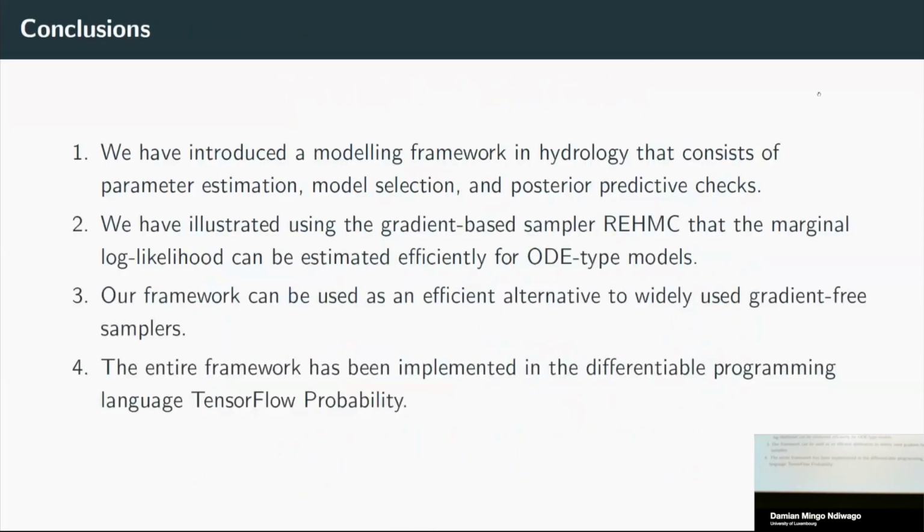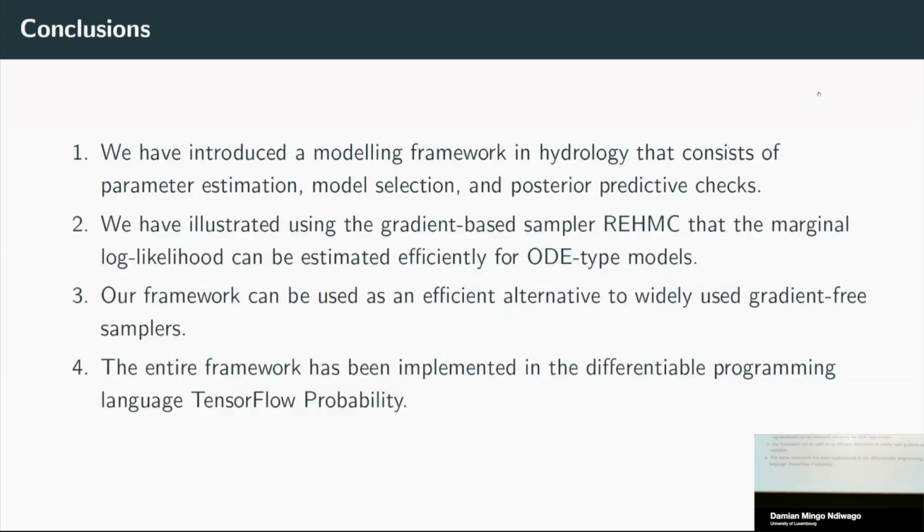So to conclude, we have introduced a framework for full Bayesian model selection that enriches the hydrologist's toolbox and can simultaneously do parameter estimation, model selection, and also posterior predictive checks. And we also introduced a gradient-based algorithm called replica exchange Hamiltonian Monte Carlo that can be used in any discipline, in any field, and it is very fast.